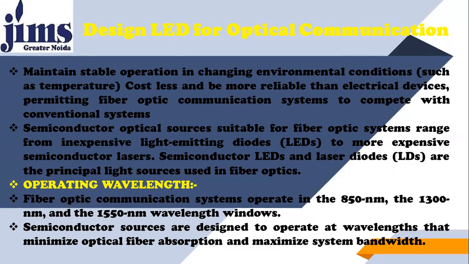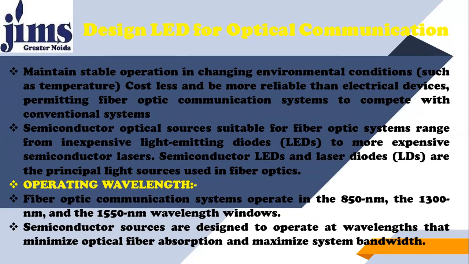So we have to make optical communication friendly with environmental conditions that change with time. So we need more reliable electrical devices that can be used in high temperature and low temperature also.